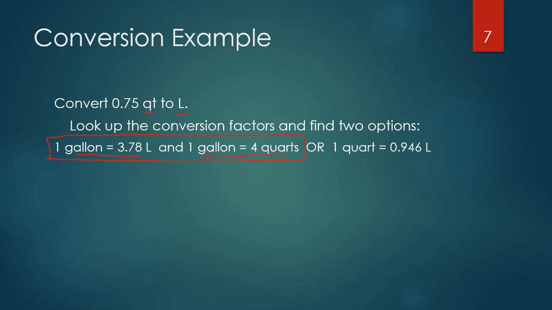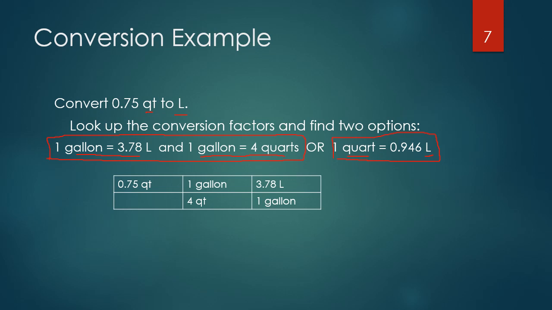So it's a 2-step conversion. Now, if you were lucky enough to find this conversion factor here, 1 quart is equal to 0.946 liters, you could have changed that to just a 1-step conversion, because this conversion factor will go directly from quarts to liters, and you won't need a second conversion factor to continue.